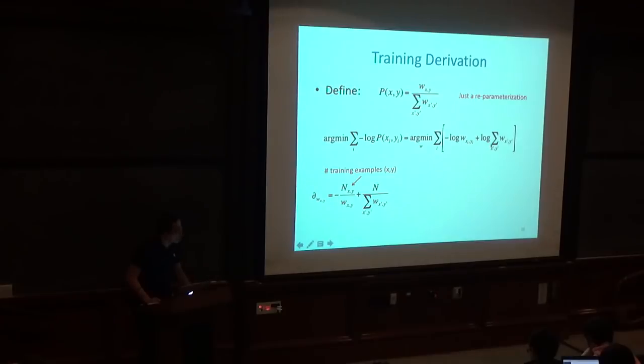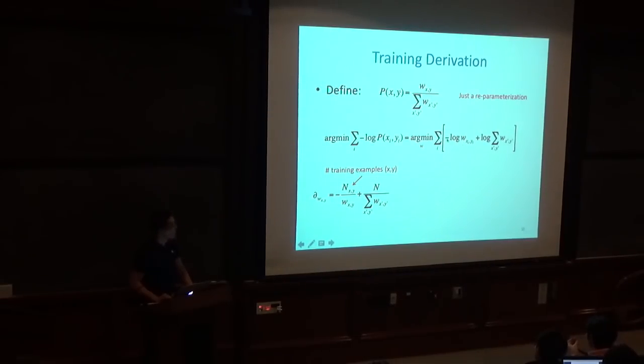If I compute the gradient with respect to a single parameter in my model, then basically the derivative of this guy is just 1 over w comma xy. And how many times does this gradient happen in the data set? As many times as this specific xy appears in the data set, because this part only appears when xi yi equals xy.